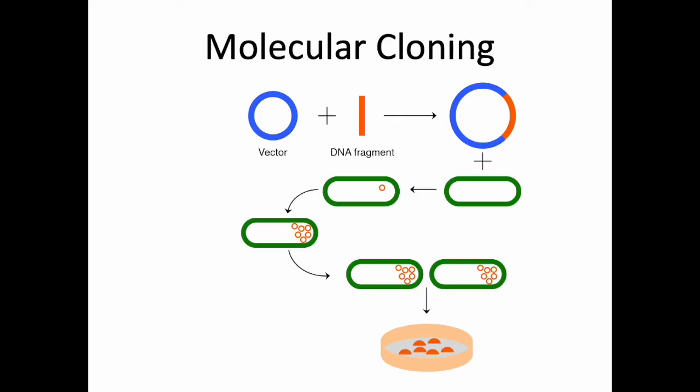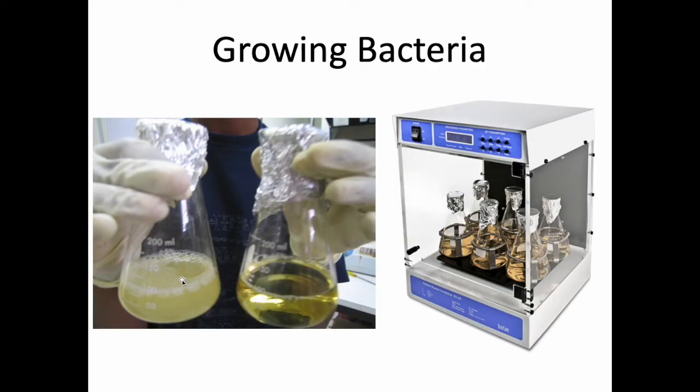If we want lots of bacteria, we are going to grow them in liquid culture, 100, 200, sometimes even a liter of this stuff. So this is liquid media, looks kind of like urine, but really this is perfect bacteria food. It's got all the vitamins and nutrients and amino acids and other things that these bacteria need to grow really, really fast. In fact, this is media that's been freshly made.